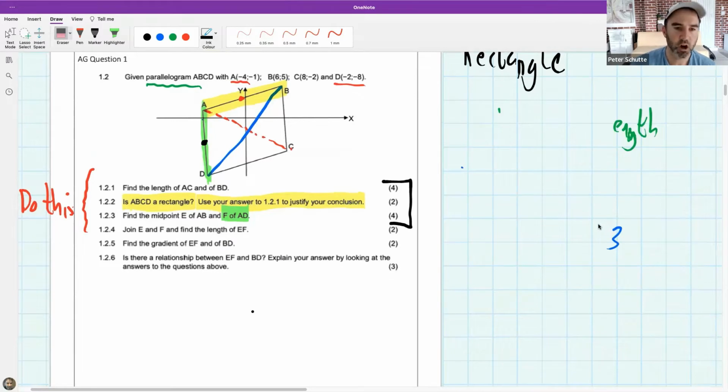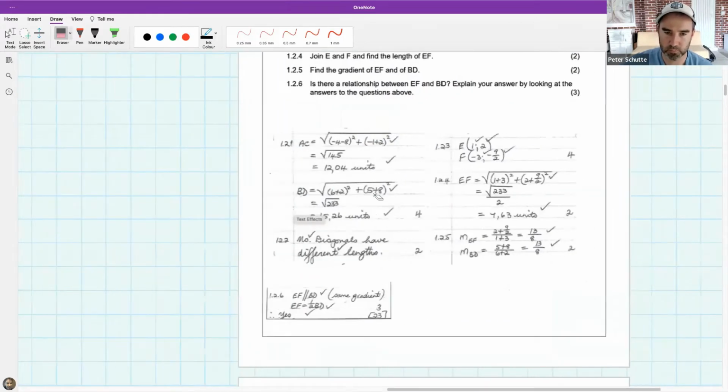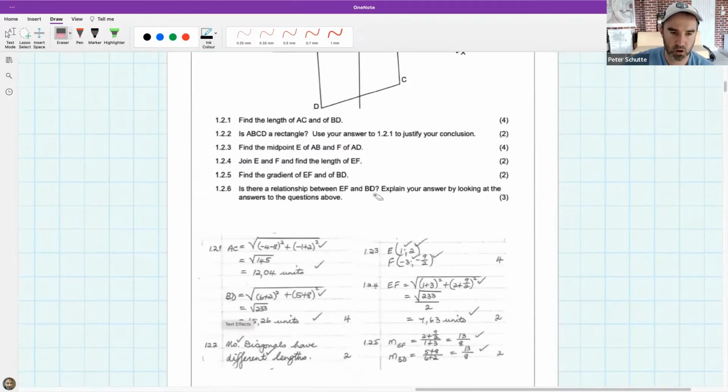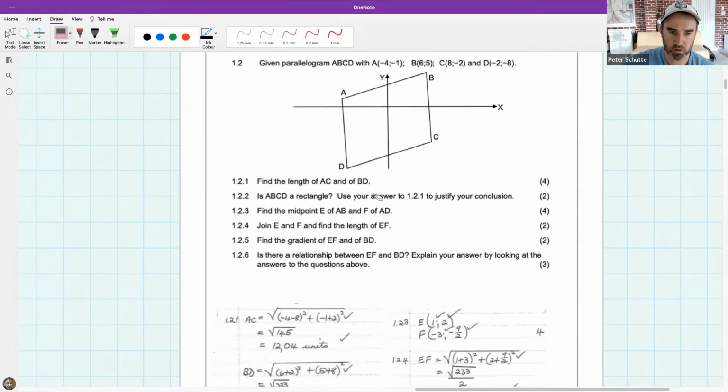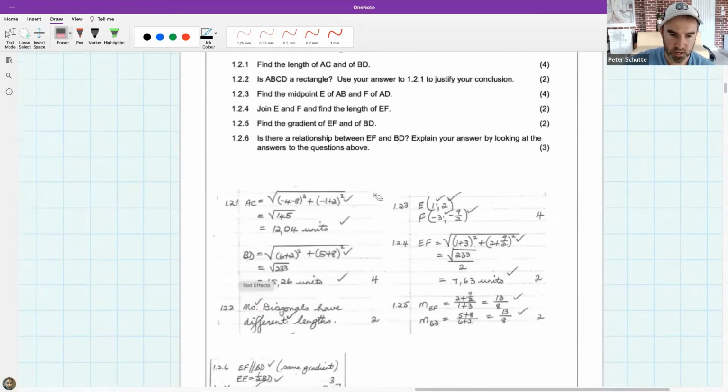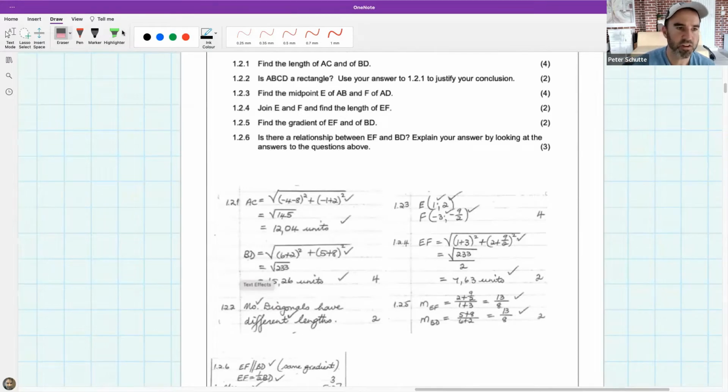1.2.2. Okay, so the only thing we had to do with 1.2.2 is, let me see. So here's my answers for this one over here, 1.2.2. You first have to just make sure that you agree that the lengths of the diagonals are different.